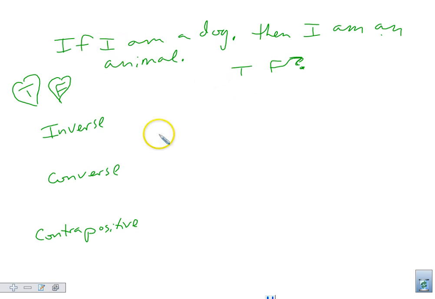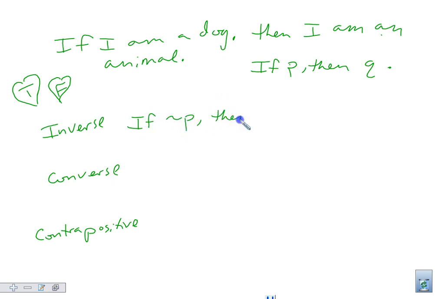So if our conditional statement was if I'm a dog, then I'm an animal, we could abbreviate that as if P, then Q. The inverse would be if not P, then not Q. Right. So you go ahead and write out the example for that. Pause the video real quick and write down the example for inverse, using our dog animal example.